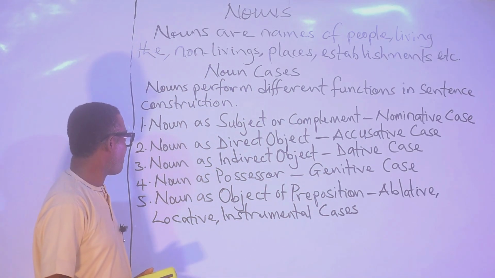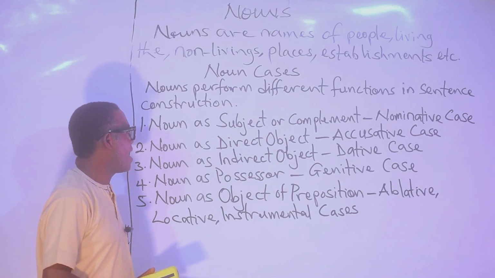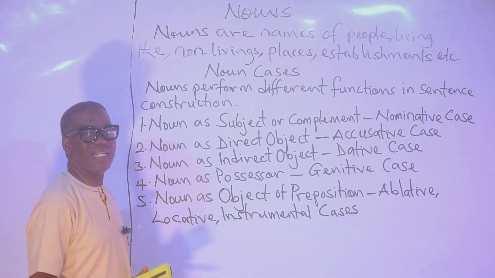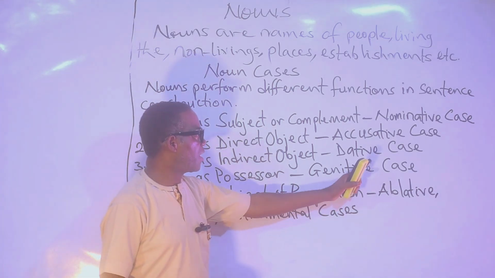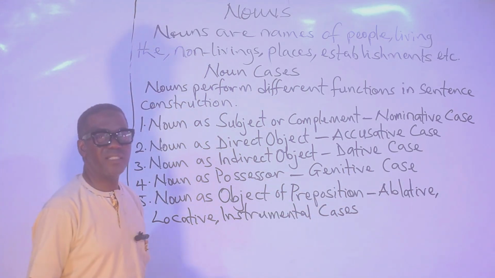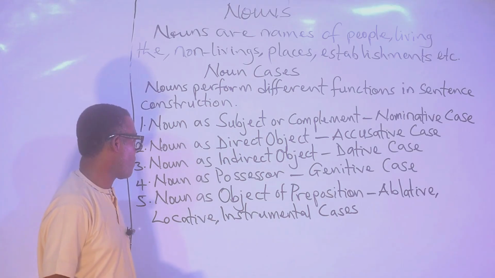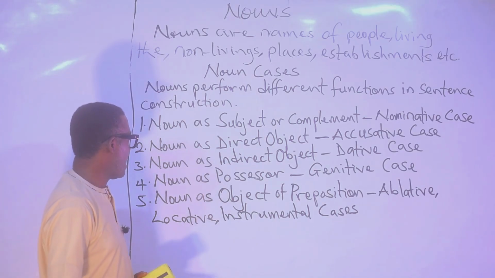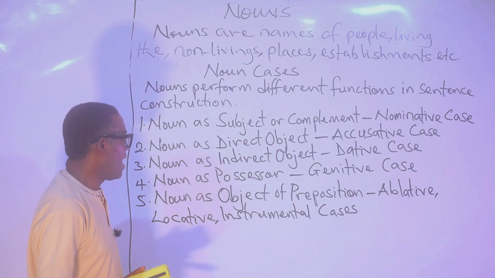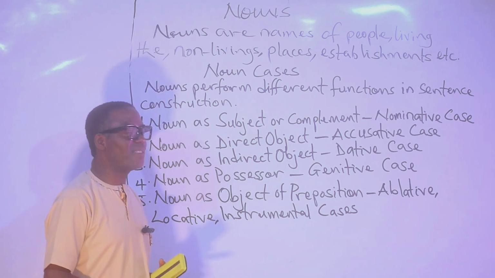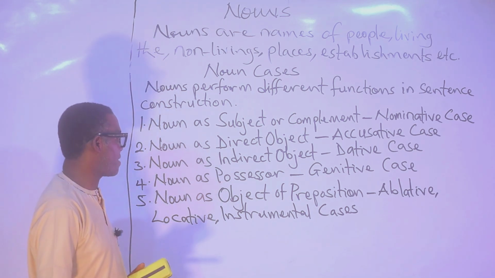Number three, a noun can function as indirect object. In Hebrew, that is the dative case. Number four, a noun can function as possessor, and in Hebrew, that is the genitive case.